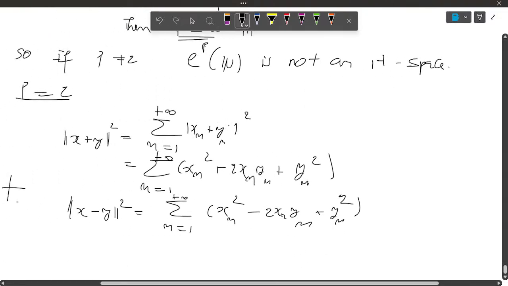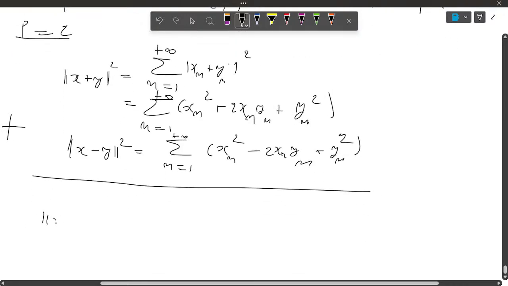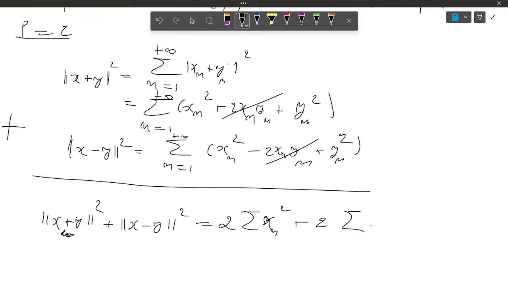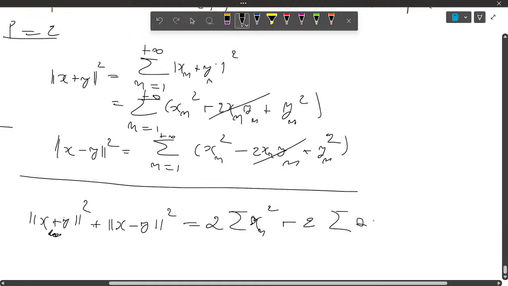If we add these two, the cross term will disappear, and we get just 2 times the summation of xn square plus 2 times the summation of yn square.